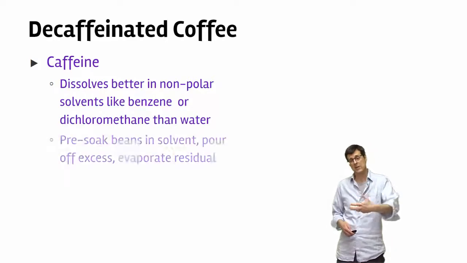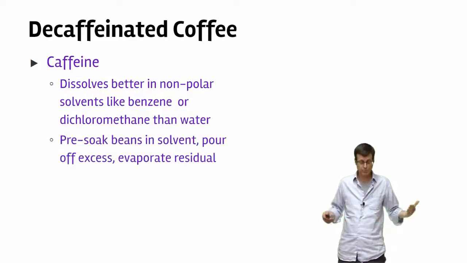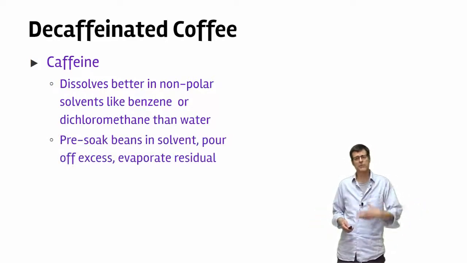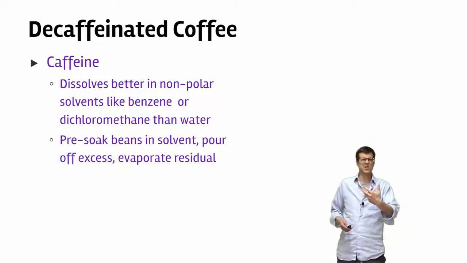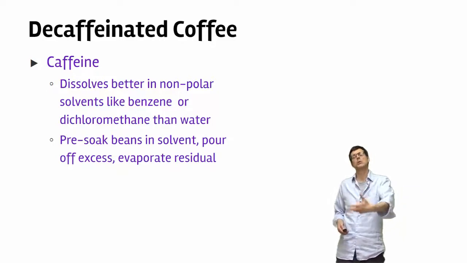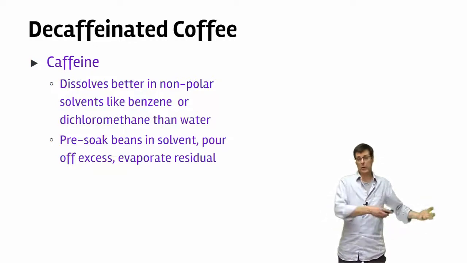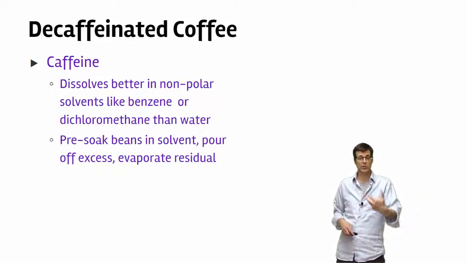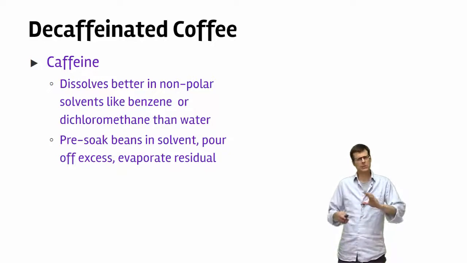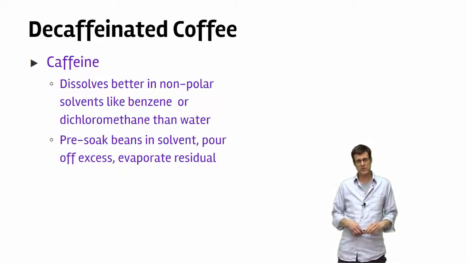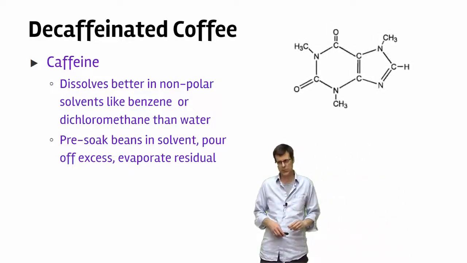Now the upside is if you were to use that stuff to decaffeinate your coffee, no problem, I shouldn't say no problem, but low problem, once you rinse the solvent with the caffeine away from your coffee beans, you could evaporate the rest of it out, leaving very, very little amounts of residue. However, people don't want any amounts of residue, so that method of decaffeinating coffee isn't so common anymore.